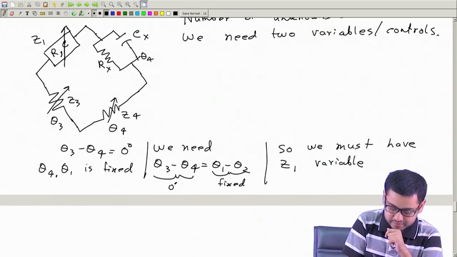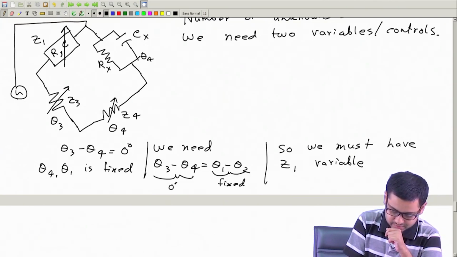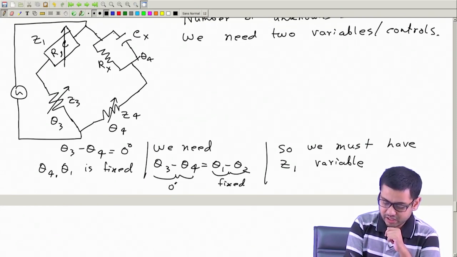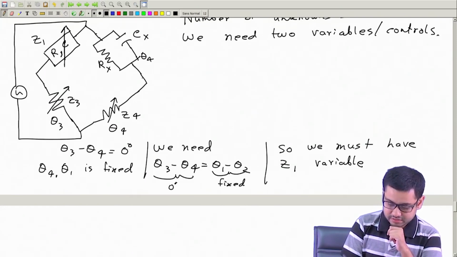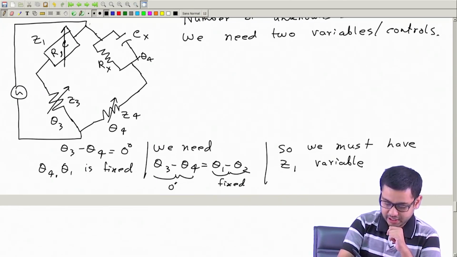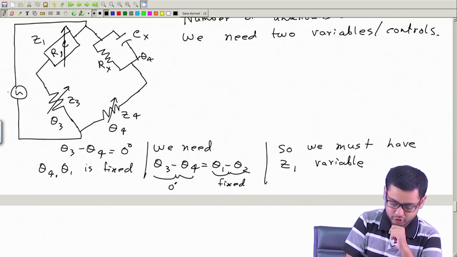So we can put the supply like this, then some voltage drop will happen across this branch, some voltage drop will happen across this branch, and the sum of these two, phasor sum, will be same as this voltage.